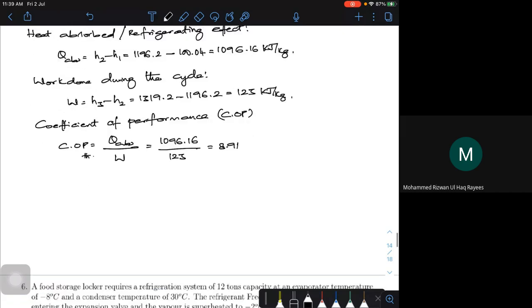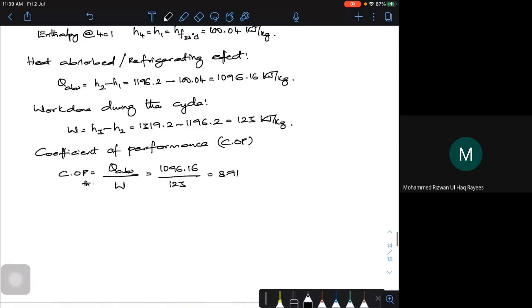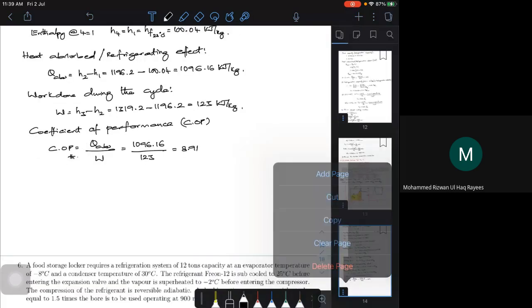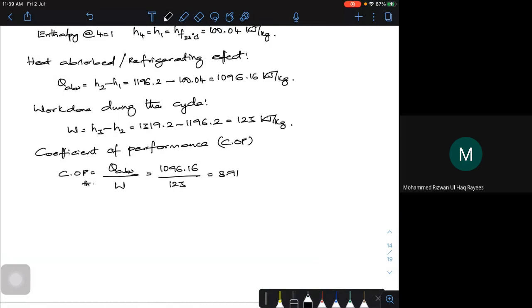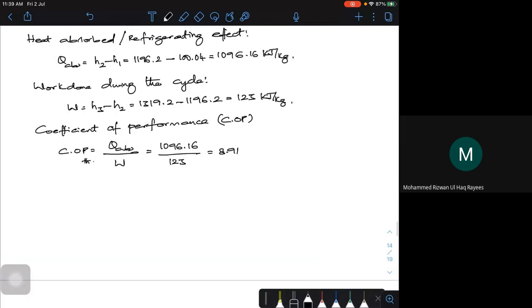What is COP actual? I have got COP relative, which is 0.8. So COP relative is equal to COP actual divided by COP theoretical. That is 0.8 is equal to COP actual divided by COP theoretical.